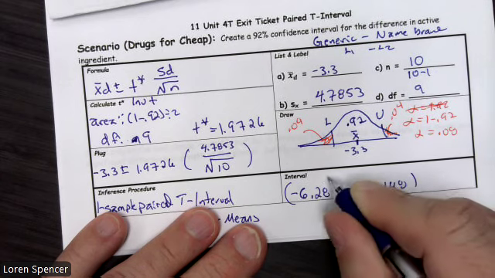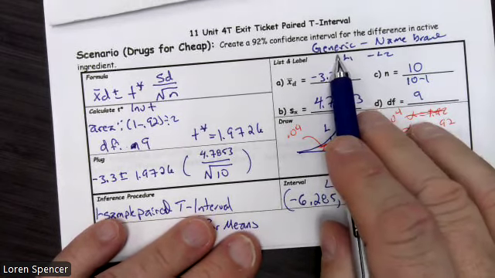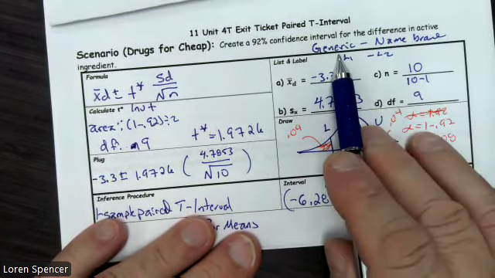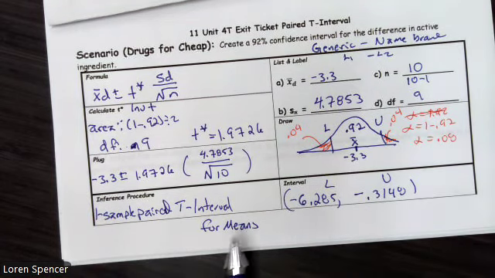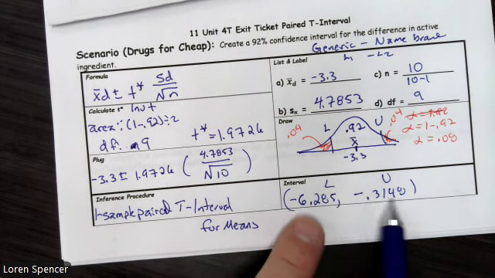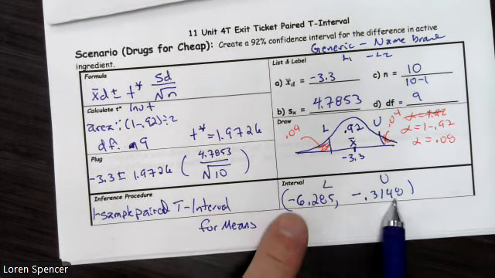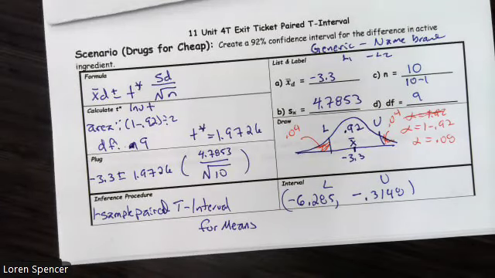This is my lower, this is my upper. And what that's saying is because it's less negative, we're saying, hey, the generic appears to have less active ingredient. We're 92% confident that the range is somewhere between here and here, with the generic having less active ingredient than the name brand.